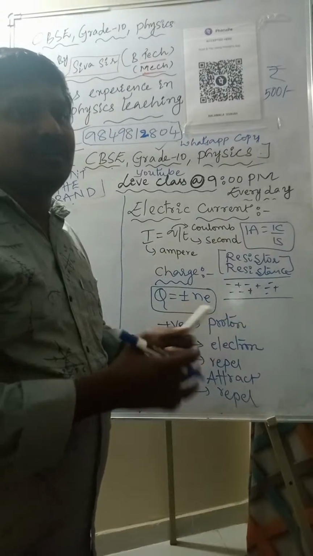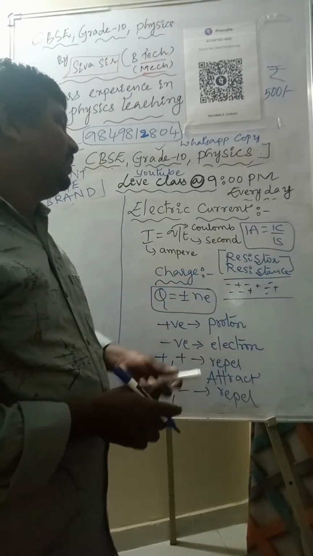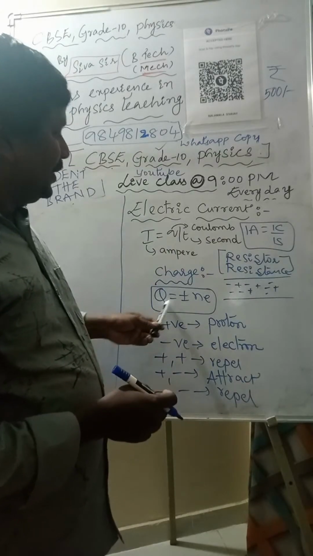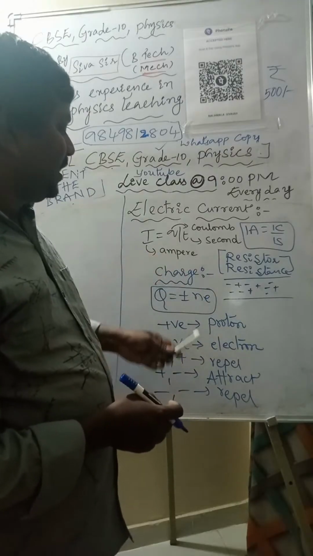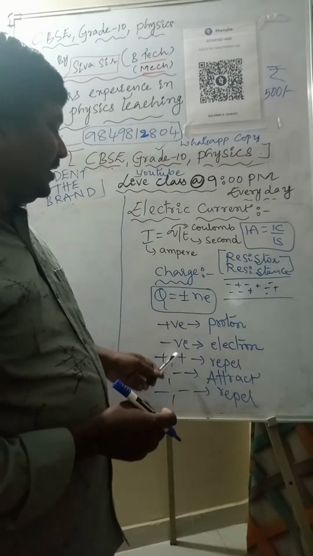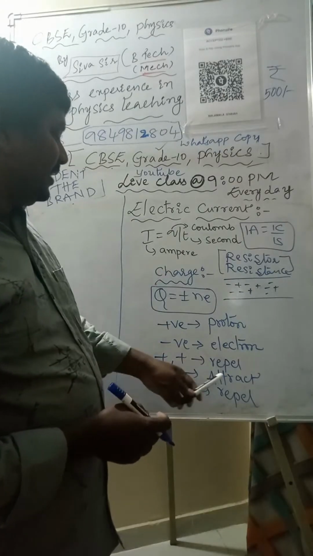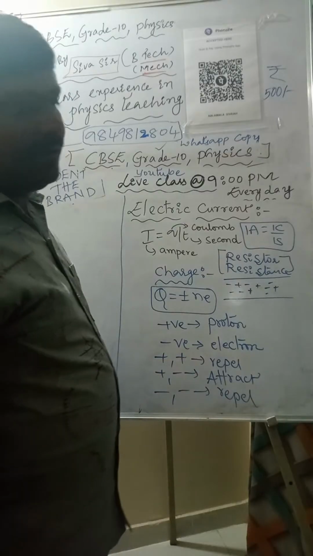That's why we are taking Q equal to Ne. Problems will come based on this. Positive charge is proton, negative charge is electron. Positive will repel positive, positive and negative will attract, negative will repel negative.